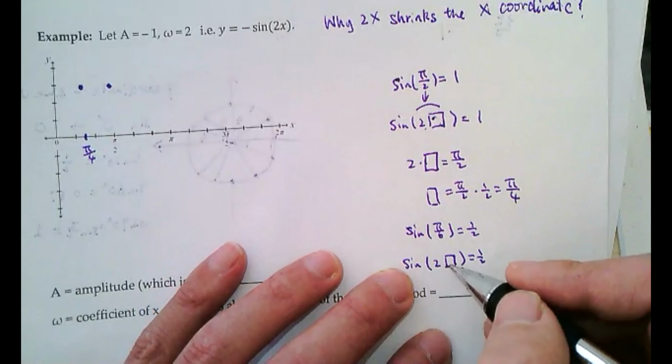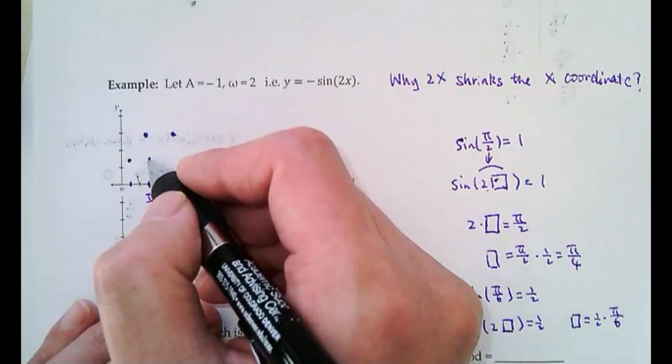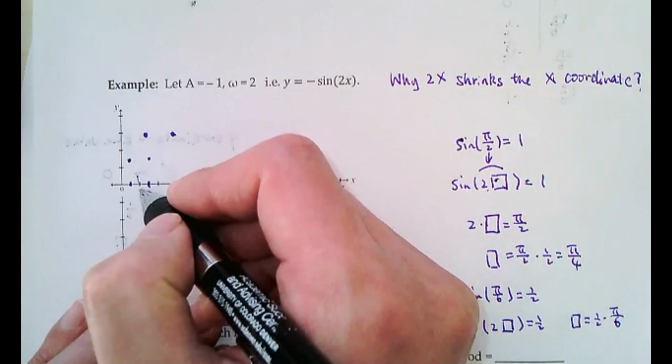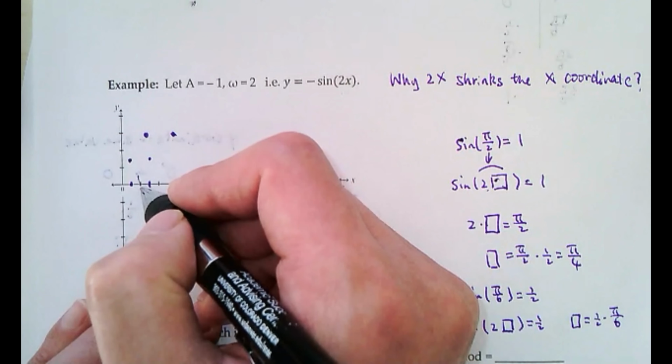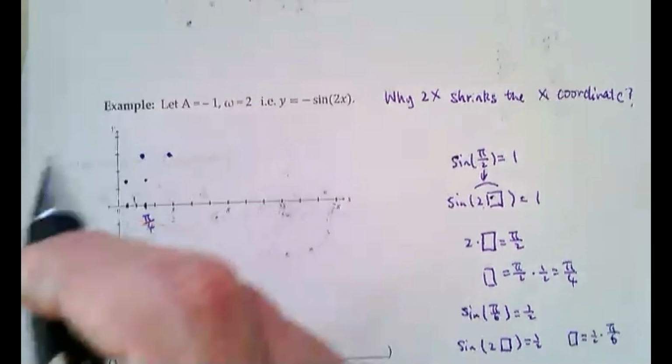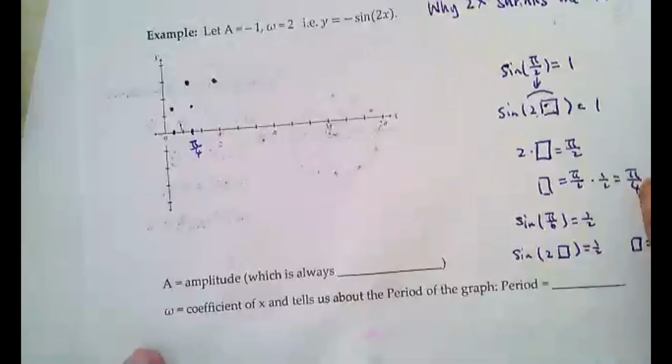Originally the point is here. So now you see, for every point with the x coordinate here, you just get half here. Similarly, in order to attain the y value here, you just need half. So that's why the curve is shrinking.